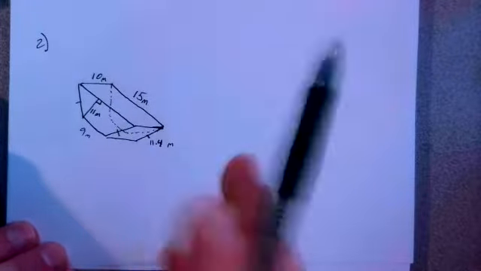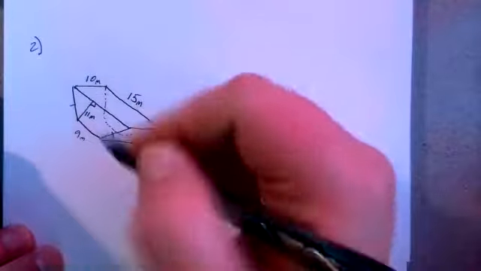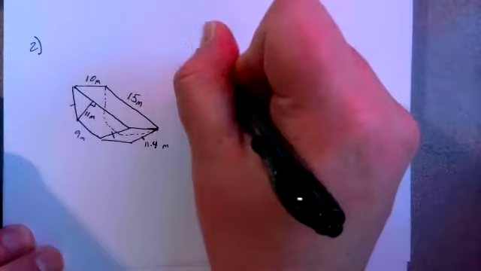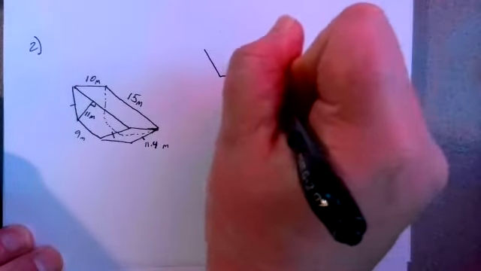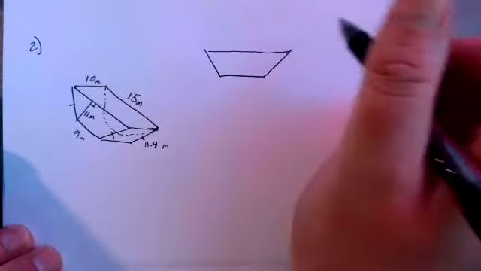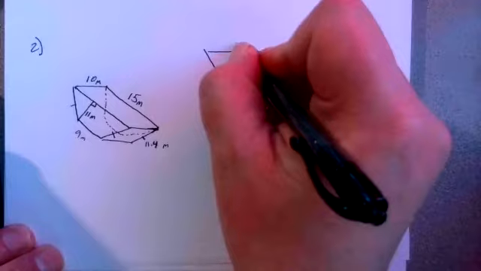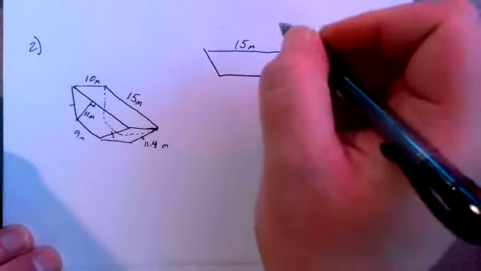They gave us a bunch of dimensions. Let's start by creating the net, okay? So I'm going to create the net with these. I'm going to draw that trapezoid here, and I'm going to label everything I can about it. So I know that's 15 meters.